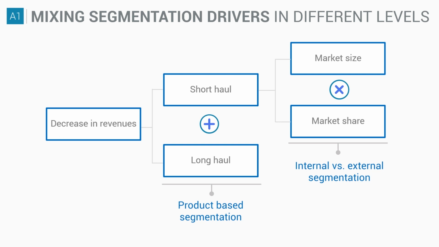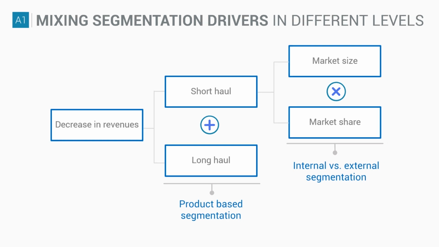In this case, we see a mix of product-based segmentation with internal versus external segmentation. If the product segmentation doesn't work, that is, if we're losing revenues on both, you can attempt another segmentation like price versus quantity breakdown or economy class versus business class. We can see then that it is perfectly valid to mix segmentation drivers in different levels.